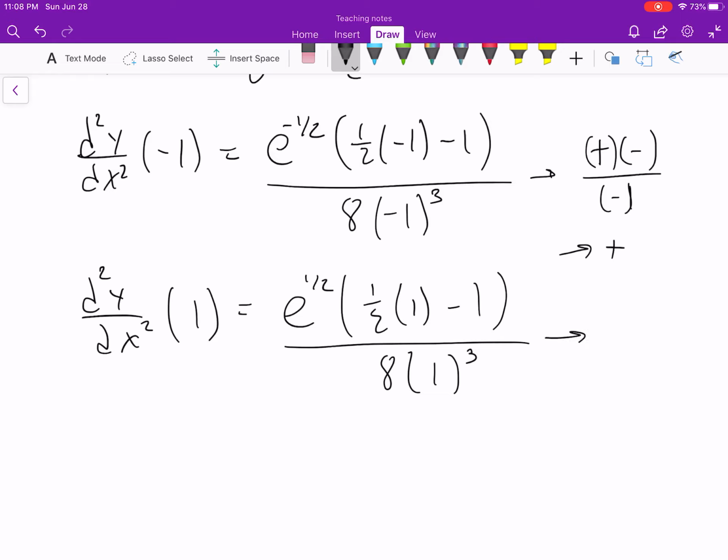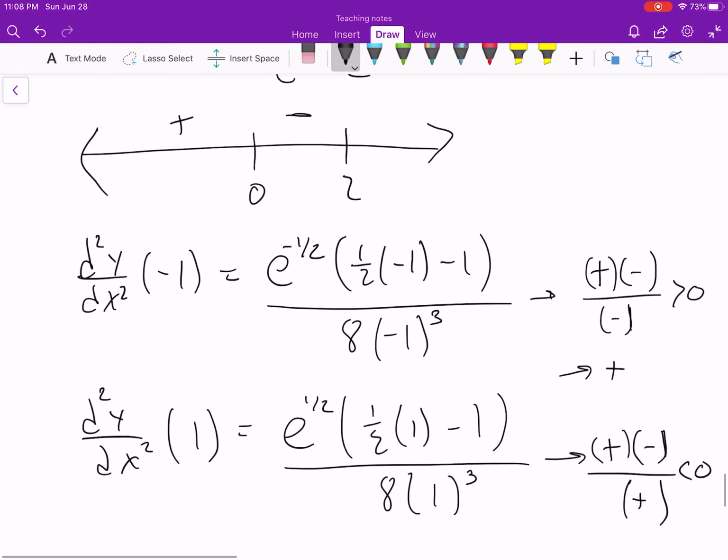So again, I'm not writing equals here. This is going to be a positive. e to the 1/2 is always positive. 1/2 minus 1 is going to be a negative number. That one you can actually figure out if you really want to. I don't. And then the bottom, 8 times 1 is a positive number. So this thing is negative.